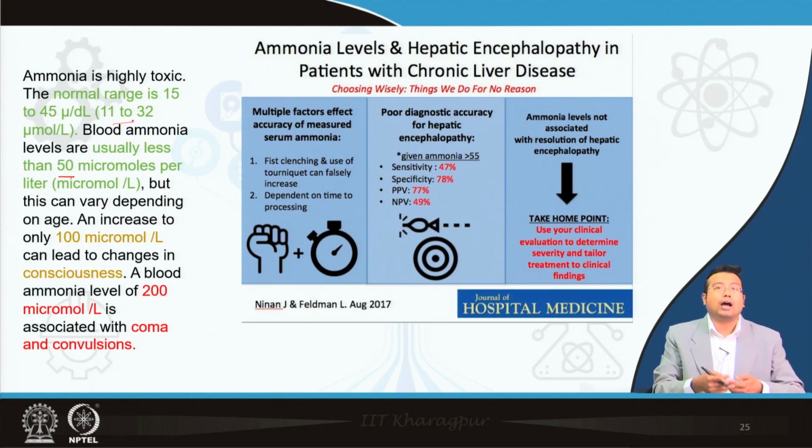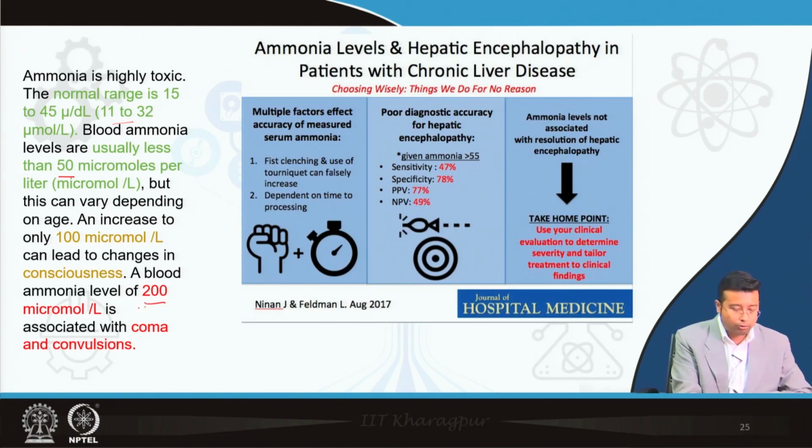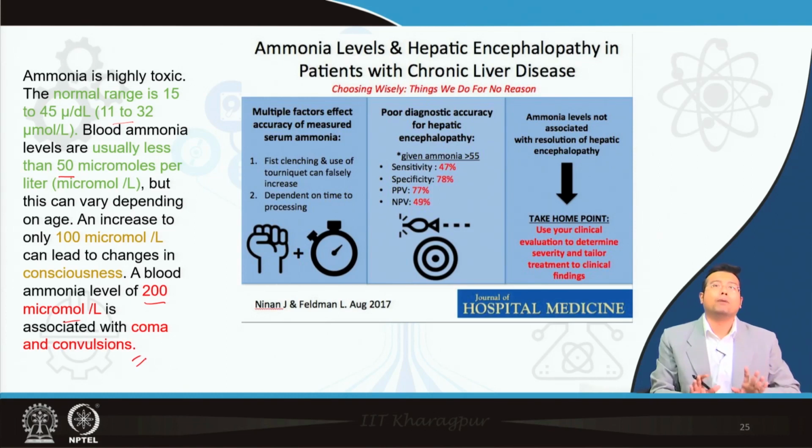Whenever it goes beyond 100, the patient will start to lose consciousness and there will be altered sensorium, and if the value goes above 200, there will be coma and convulsion.